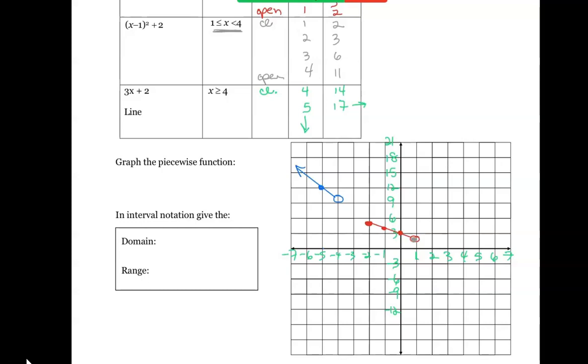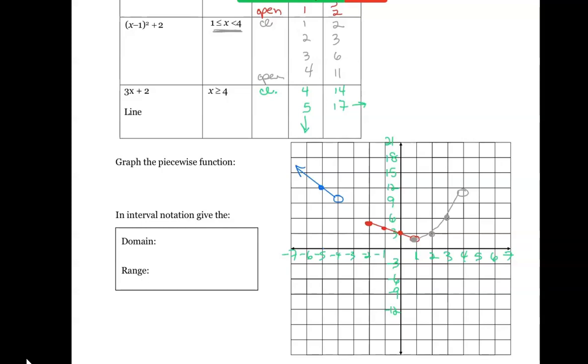So I filled in the red with the gray. Okay, so then I'm going to go 1, 2, 2, 3. 2 and 3 is right here, and then 3 and 6 is right here. Now look, this is a parabola. And then 4 and 11, but that has to be open. So you see how you have the shape of a parabola? It's a curve, not a straight line.